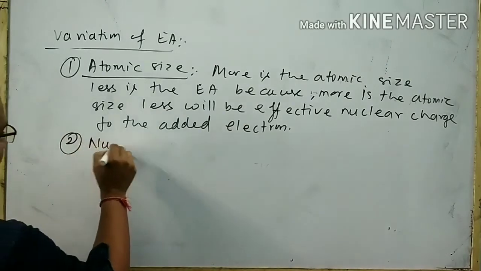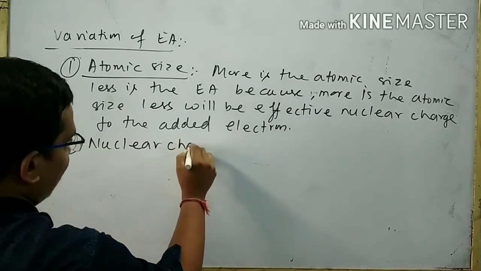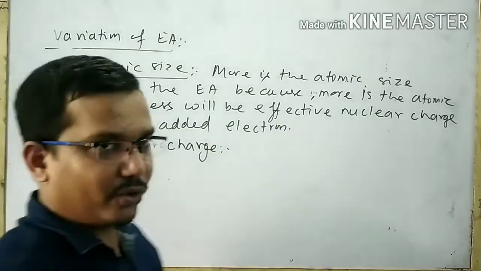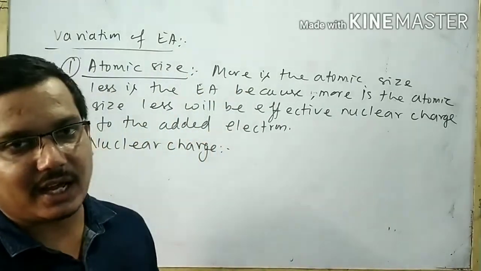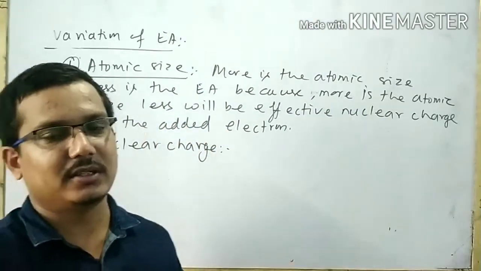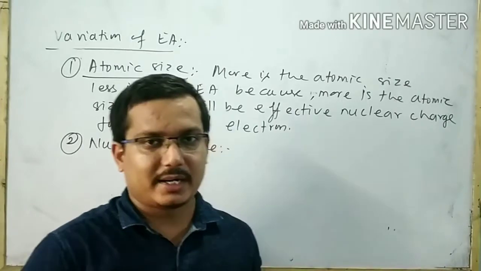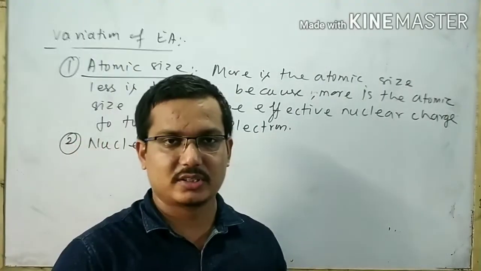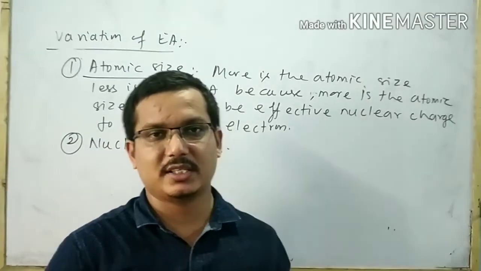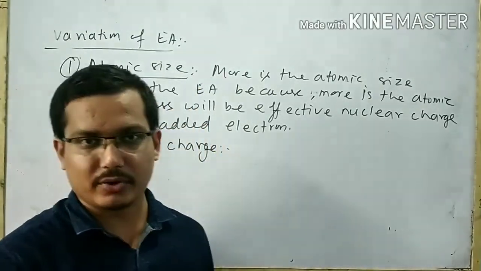Next is your nuclear charge. Obviously, more is the nuclear charge, more is the electron affinity, because the added electron must be more attracted by the nucleus. If the nucleus has more nuclear charge, then it has more tendency to gain the added electron.